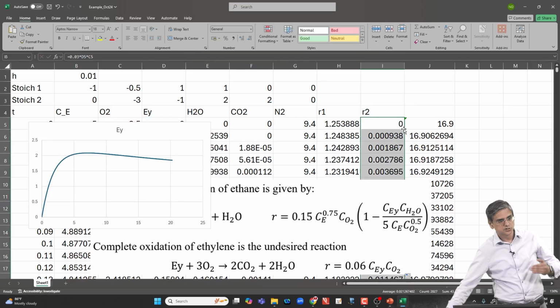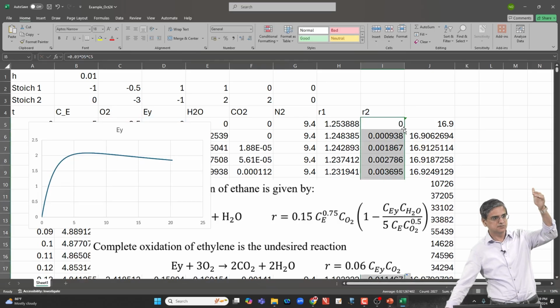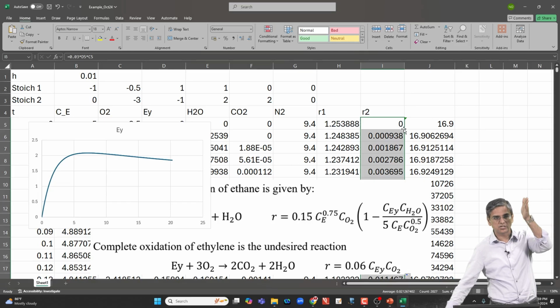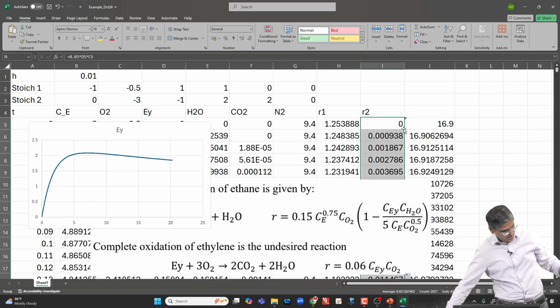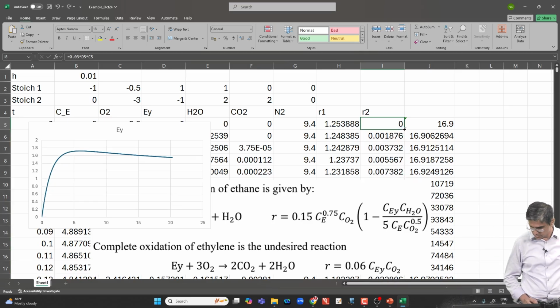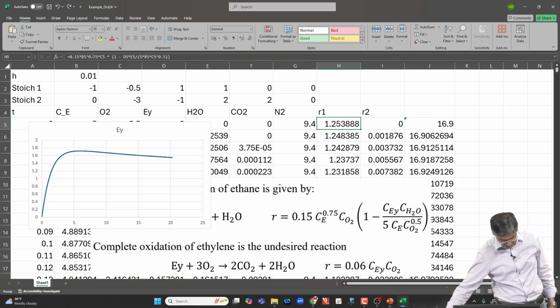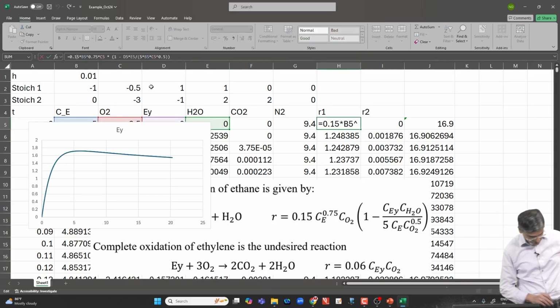Okay, so your maximum that you can get increased. Slight shift, but not much shift in the maxima. On the other hand, you can have this because this rate of reaction has increased. So this has become 3.